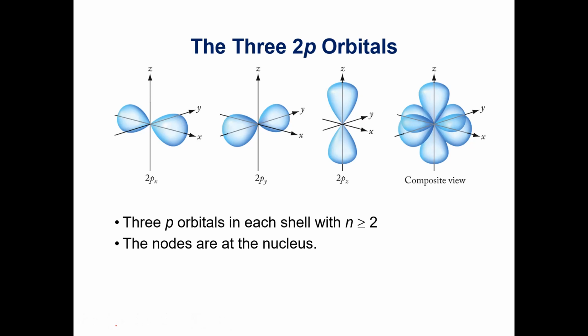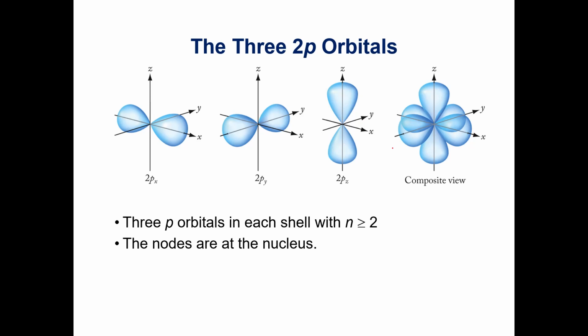When we get to a p orbital, it has three different orientations. So we have three different p orbitals. We have a 2px that goes horizontally, a 2py that goes diagonally, and a 2pz that goes up and down. For each of these, the nodes would be at the nucleus.